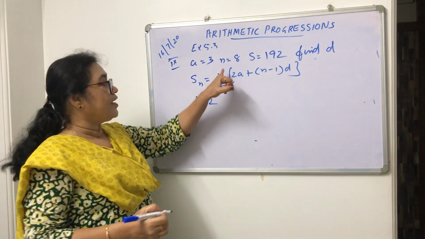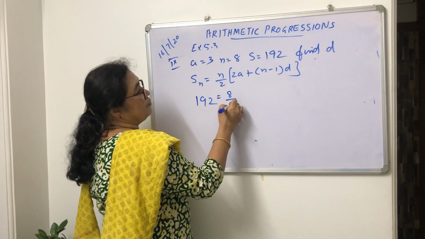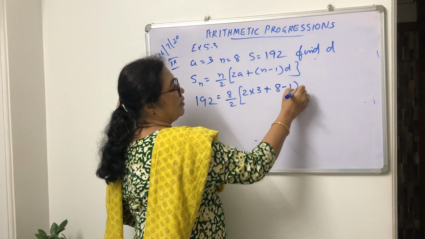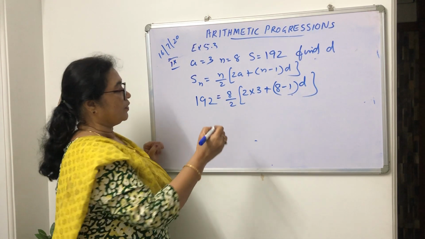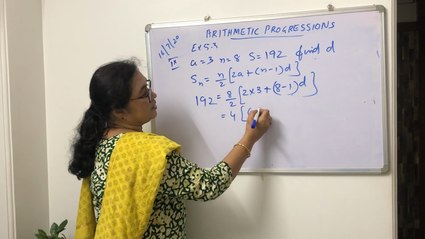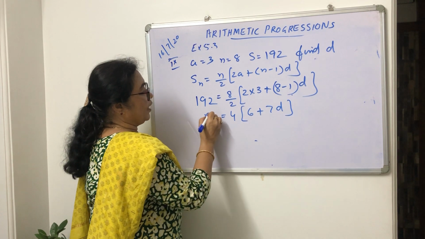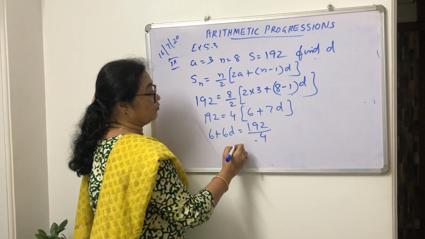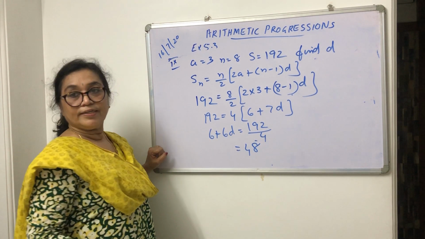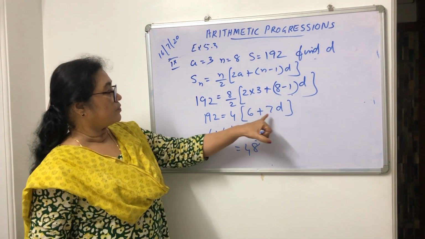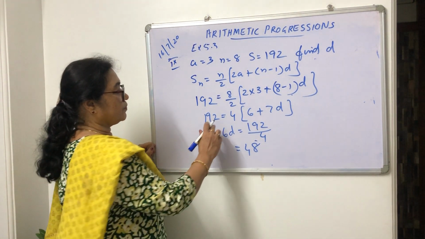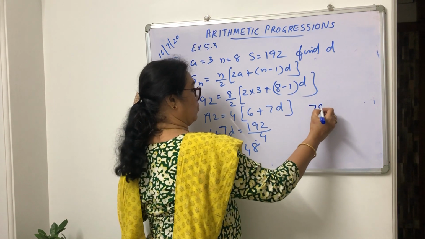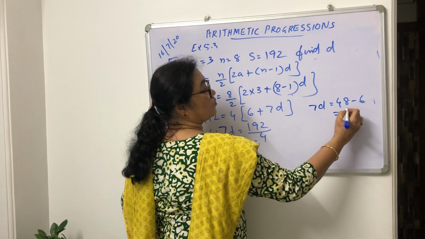Then what is the value of N? N is 8. 8 by 2, 2 into 3 plus 8 minus 1 into D. This is 4 into 6 plus 7D, 192. 6 plus 7D is 192 by 4, 48. 6 plus 7D is 48. Then 7D is equal to 48 minus 6 is 42.